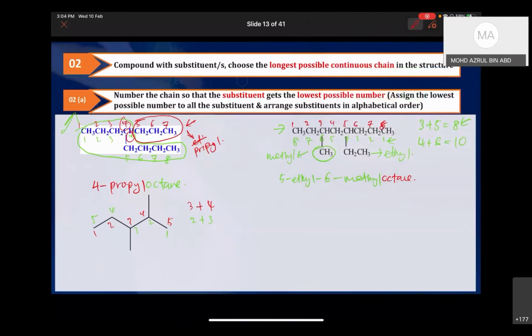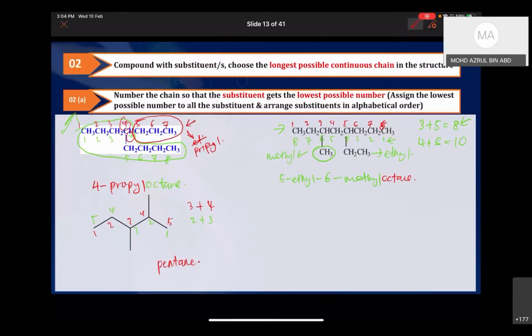So which means the parent name, we call it as a what? 1, 2, 3, 4, 5. 5 carbon. The parent name for 5 carbon is? Pentane. Alright, pentane. Okay, the name of the parent carbon is pentane.